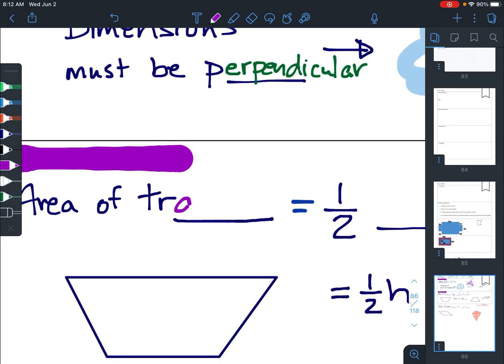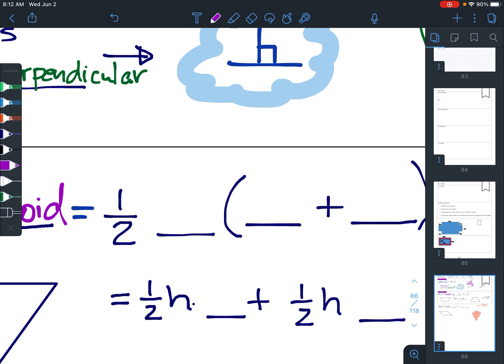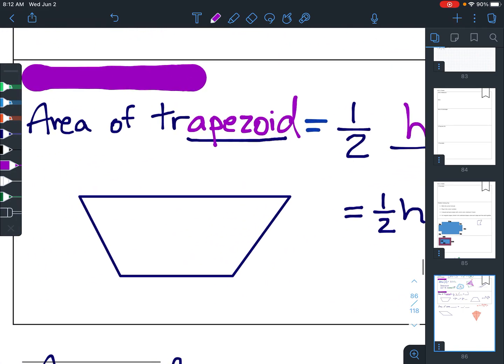Area of a trapezoid. This is a little trickier. It has a 1/2, just like the triangle. It does have a height, just like the triangle. But now you've got 2 different bases.